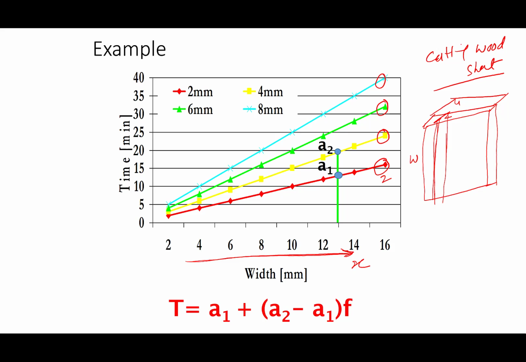Certain time values are already available in databases. Say for thicknesses 2, 4, 6 and 8 the time is available for the entire width. Say it is required to cut a 3 mm thick sheet of 12 mm width.